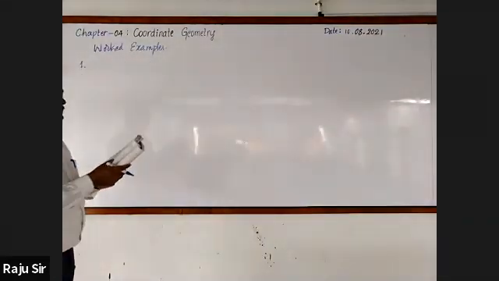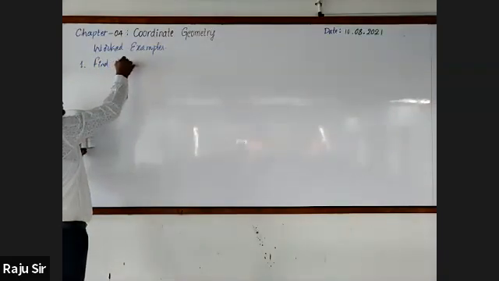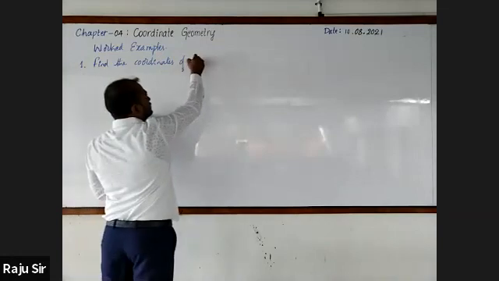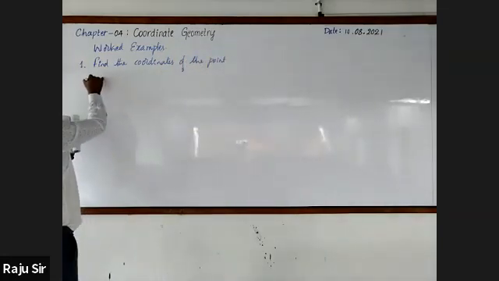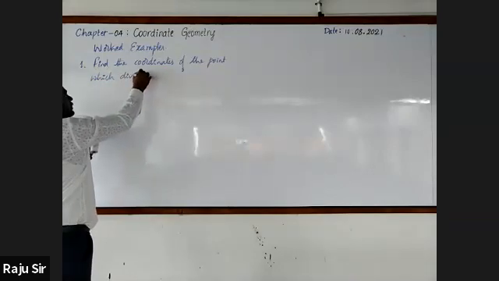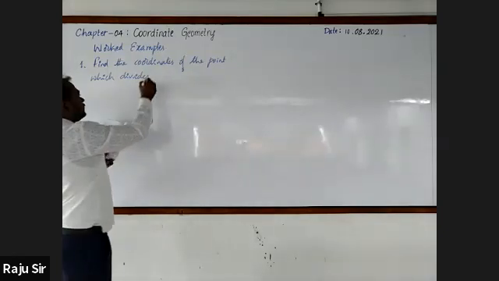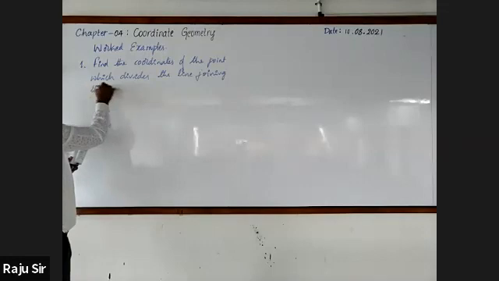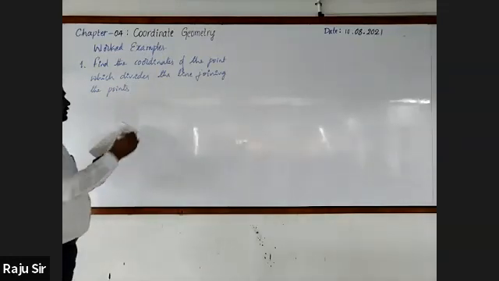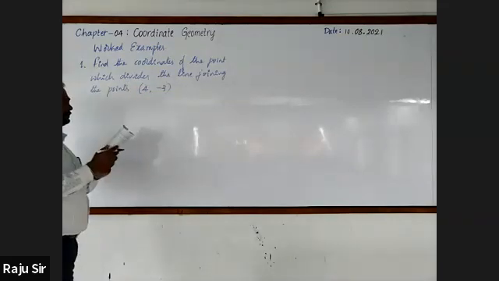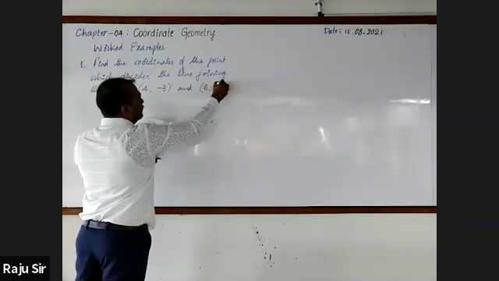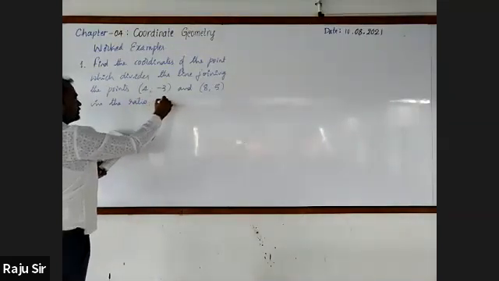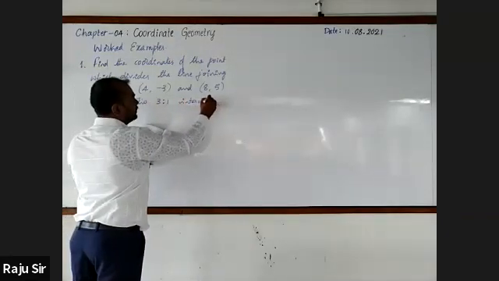Find the coordinates of the point which divides the line joining the points 4 comma minus and 8 comma 5 in the ratio 3:1 internally.